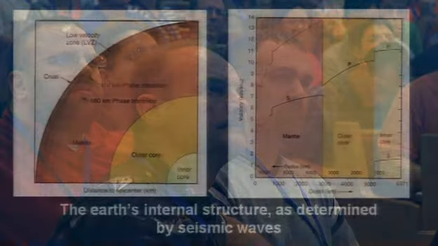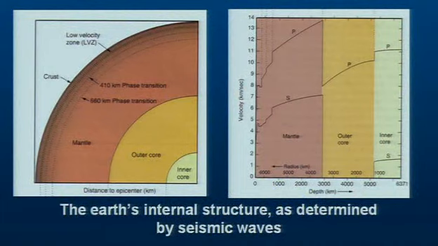Now, the internal structure of the Earth is also important to understand. We know from seismic waves, that's from earthquakes and nuclear explosions where the sound waves travel through the earth, that it's made up of a core, both an inner and outer core, a mantle, and the thin veneer at the outside is called the crust. That's what we live on.